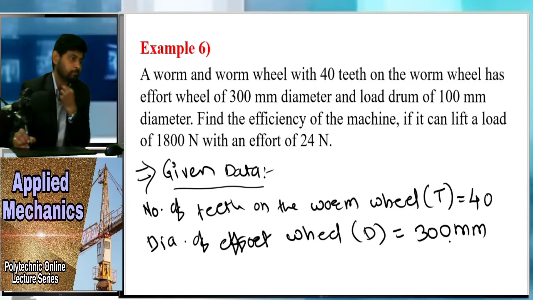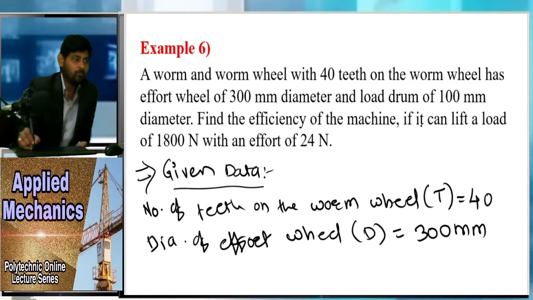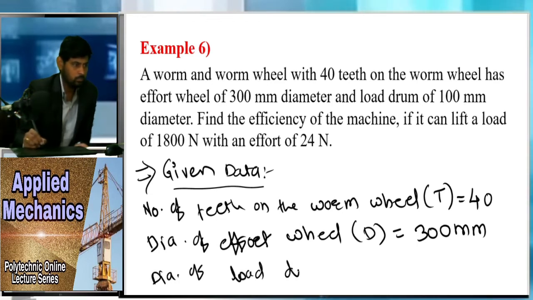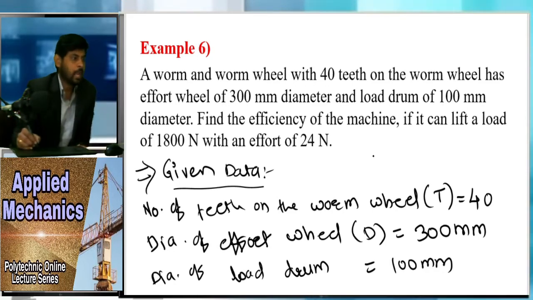After that, a load drum of 100 mm diameter. So we have the given diameter of the load drum. So the diameter of load drum is equal to how much? 100 mm.